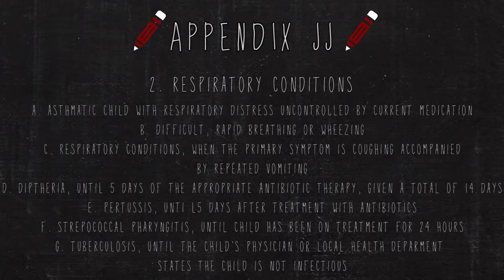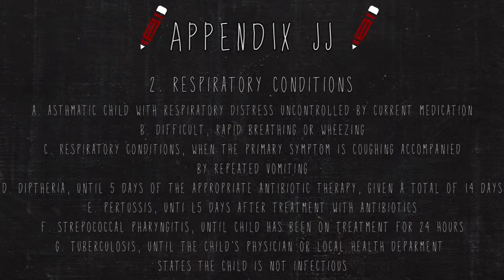2, respiratory conditions. A, asthmatic child with respiratory distress uncontrolled by current medication. B, difficult rapid breathing or wheezing. C, respiratory conditions when the primary symptom is coughing accompanied by repeated vomiting. D, diphtheria until 5 days of the appropriate antibiotic therapy that is to be given a total of 14 days.